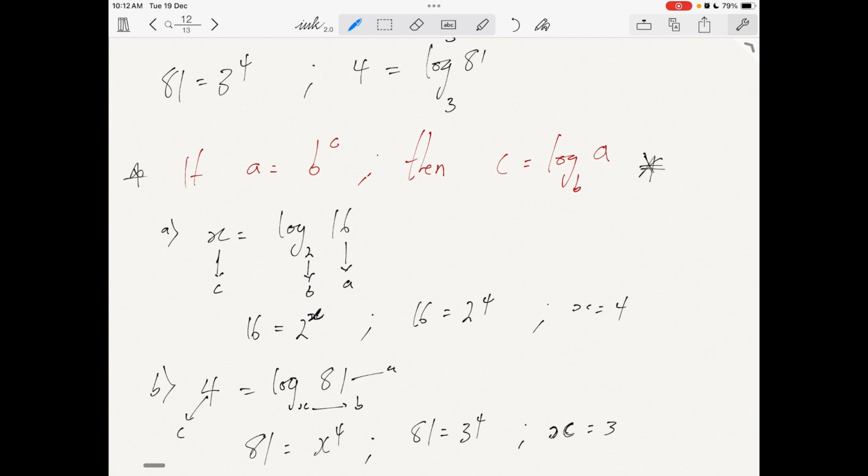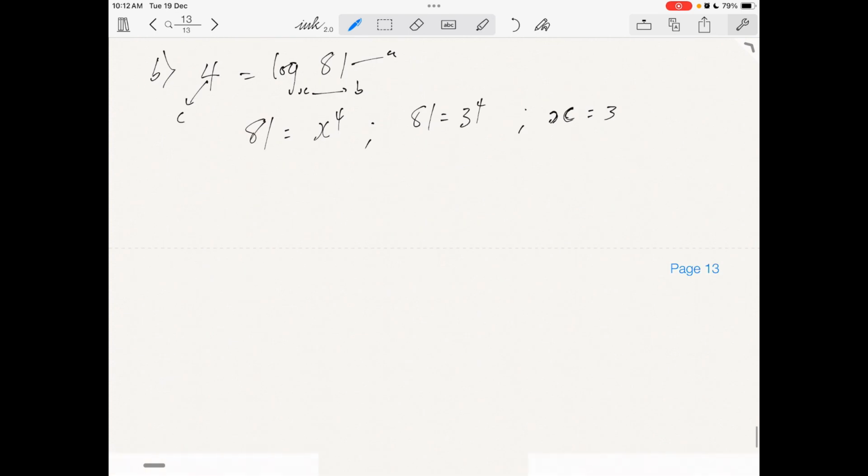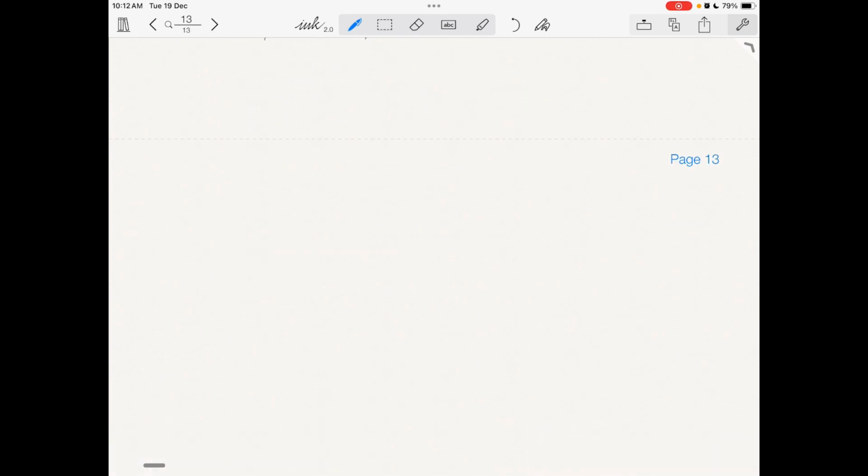So we want to really talk about the rules of logarithm, but before we do, we want to talk about the two main bases. So we have log to base 10, and we also have log to base e.